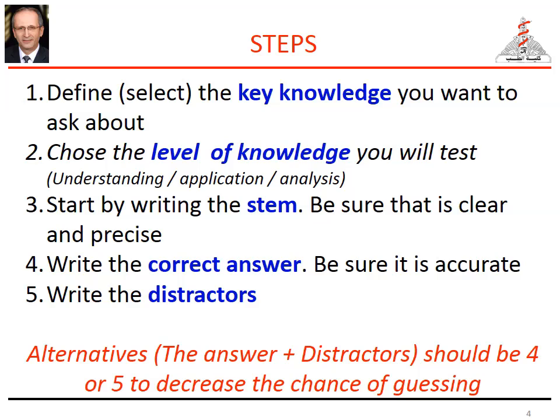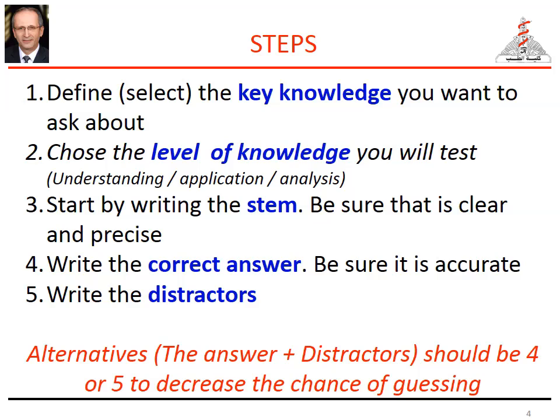When writing an MCQ, we follow this sequence. First, we define or select the knowledge that we want to ask about. Then, we choose the level of knowledge that we are going to test, whether understanding, application, or analysis. This will be discussed at the end of this presentation.